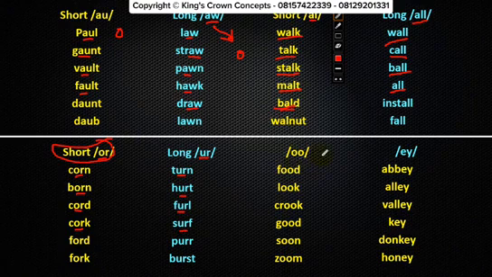Then this is double O, as in food, look, cook, good, soon, zoom. The exceptional case of this is in the words like blood.